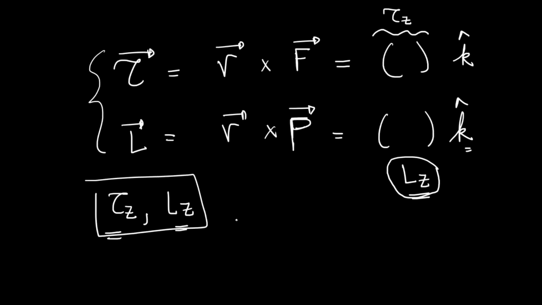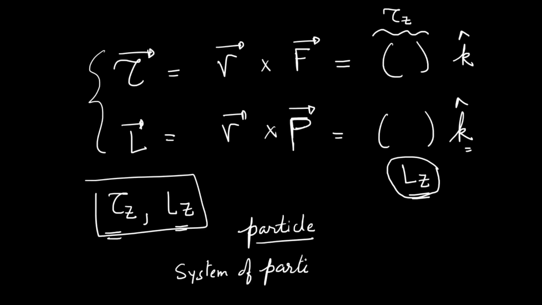So what is going to happen here is we're going to calculate tau and L for a particle. That's going to be the next video. And also then for a system of particles, where we just add up the tau for each particle, we add up the angular momentum for each particle. But here is the good news.